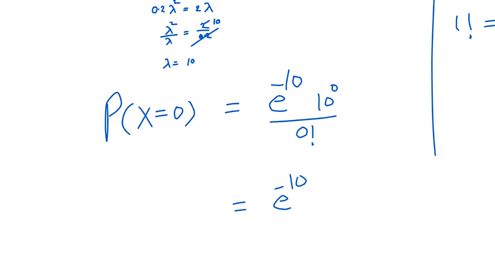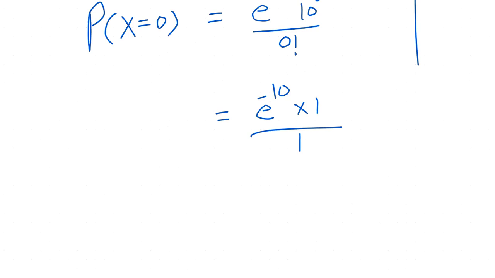So we have e to the power minus 10. By using a calculator to find this value, you will find 0.0000454.